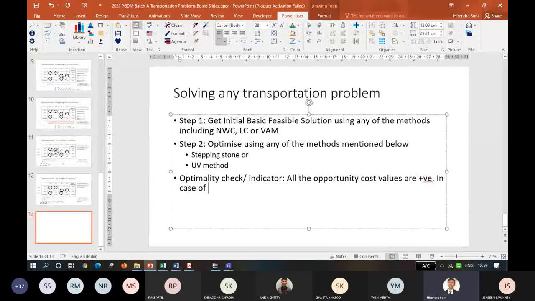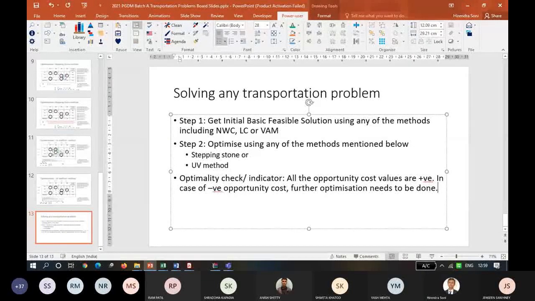In case of negative opportunity cost, further optimization needs to be done. Are we clear with this? Will you remember? Yes, sir.